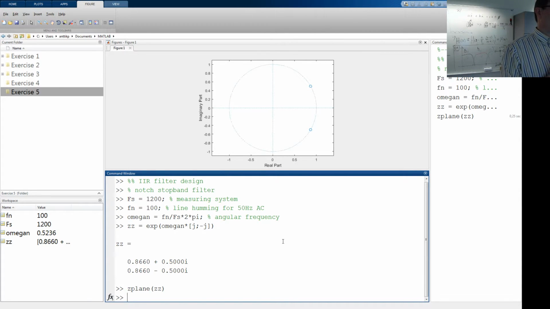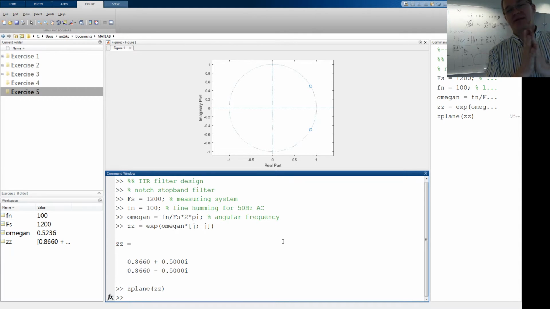You can overwrite exponential, for example. Engineers like to use j and i. Yeah, j is for engineers, i is for physicists. Okay, i or j, who cares?